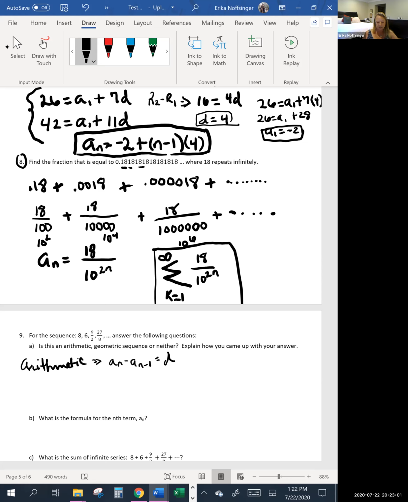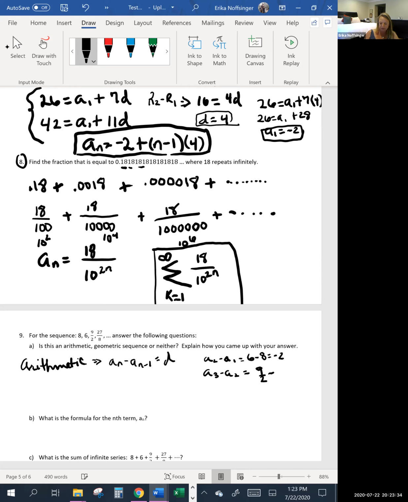So we could start testing this. If I took my term a sub 2 minus a sub 1, a sub 2 is 6 minus a sub 1, which is 8. This gives me back negative 2. Now let's look at a sub 3 minus a sub 2. If this is arithmetic, we better get back negative 2. So a sub 3 is 9/2 minus 6.